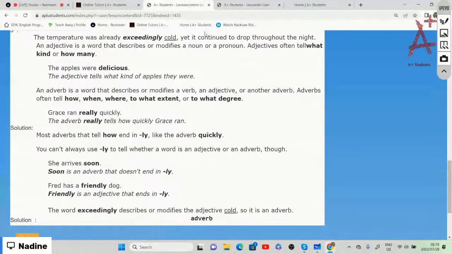And remember, we said an adverb describes or modifies either a verb, an adjective, or another adverb, right? In this case, exceedingly modifies the adjective cold. So we can say that it is an adverb.